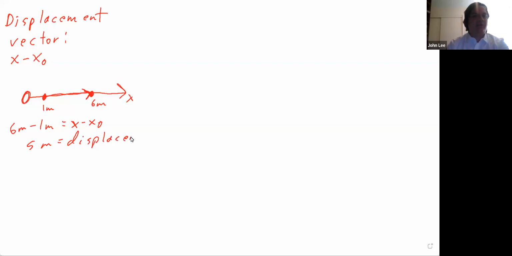You could also have the opposite happen where instead of going from the left to the right, you go from the right to the left with the x-axis still being defined to be to the right.